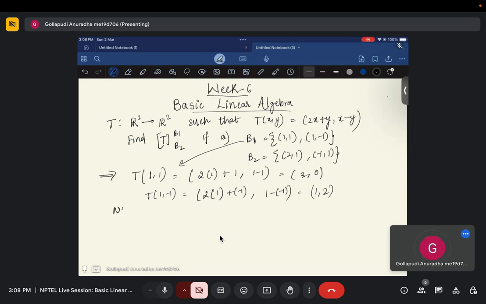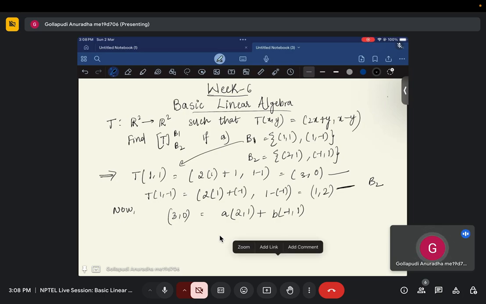So now we have to express these as a linear combination of basis 2. There was a mistake done by me in this place, so I am telling the corrected version now, the correct solution.